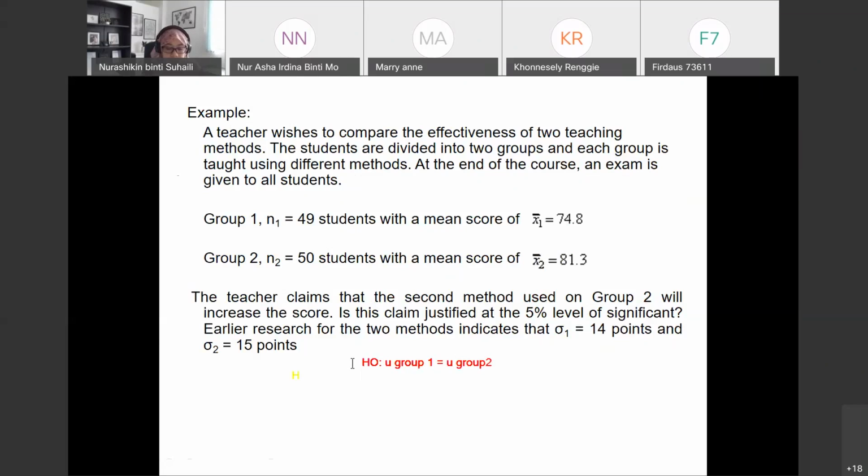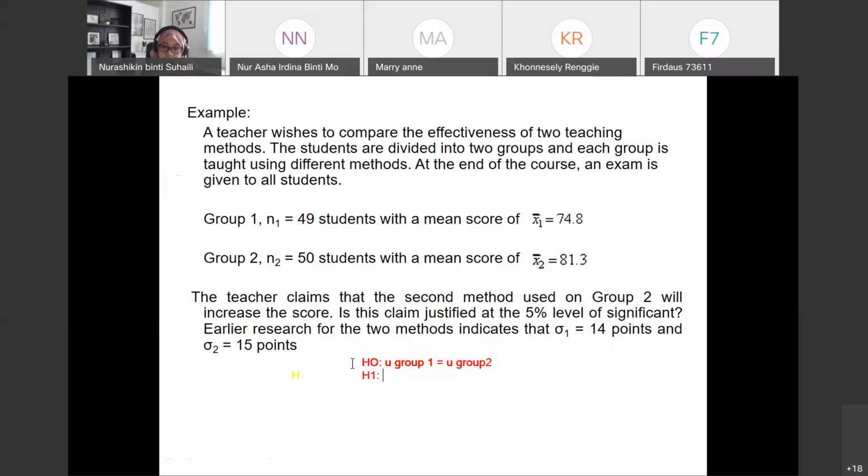But the alternative hypothesis, when we go to the summary of the steps just now, we say that the mu of group 1 is not equal to mu of group 2. That is the general situation. We know that it will not be equal, but not equal can be less. Sample 1 can be less, or sample 1 can be greater than sample 2, okay? But if it is not given in the question, any information about less or more, you can just use not equal.